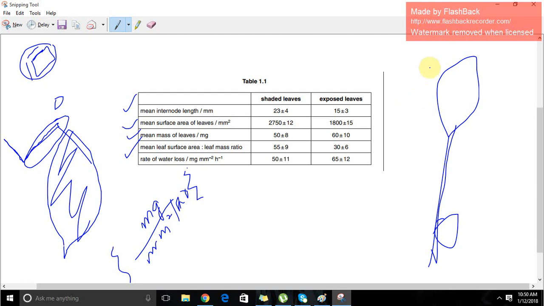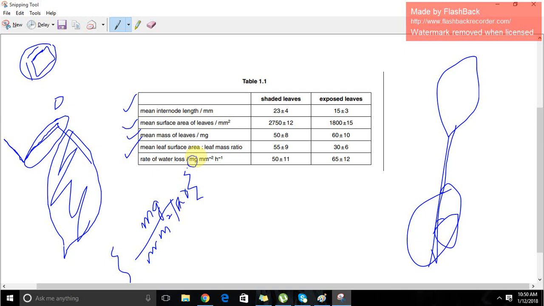And because the values you would have gotten for this would have been in centimeter cube, they would have been in terms of volume lost and not milligram. What this suggests is that every hour this much mass of water is lost for every millimeter square, and that is confusing.